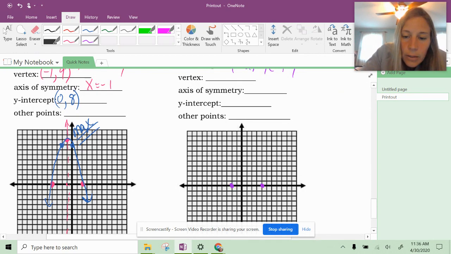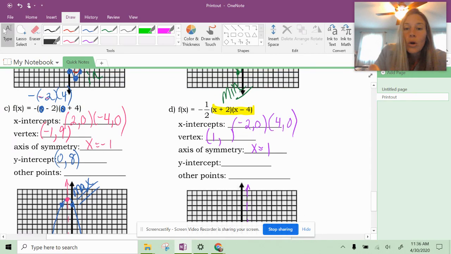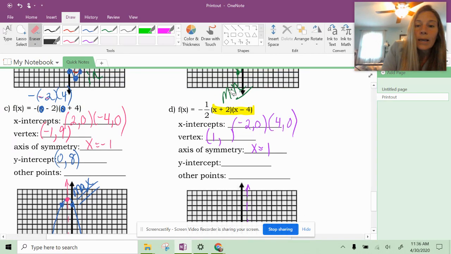And then finding the middle, I can tell that my axis of symmetry is going to go through the middle of those 2 points, which is at x equals +1. And I could also get that from adding those 2 points up and dividing by 2, just averaging them out. So my vertex is going to be (1, something). So that's where I need to now work this out, plugging in that 1.